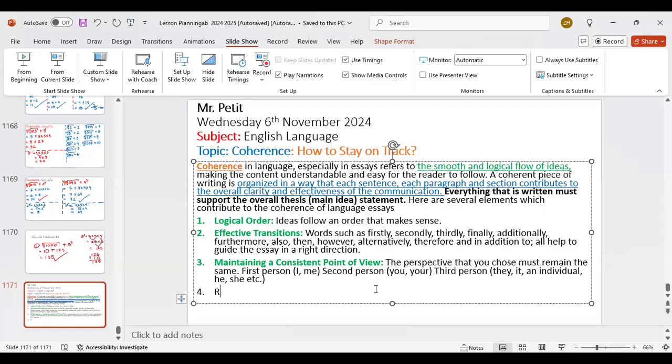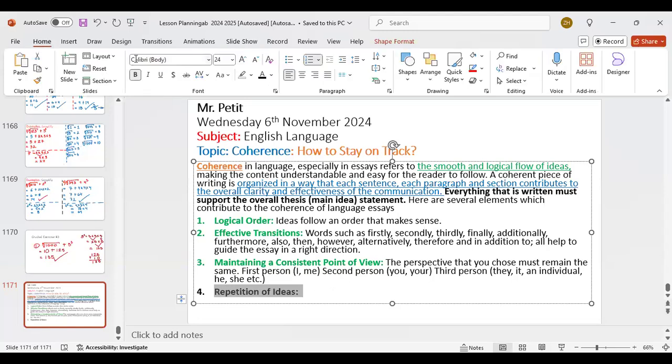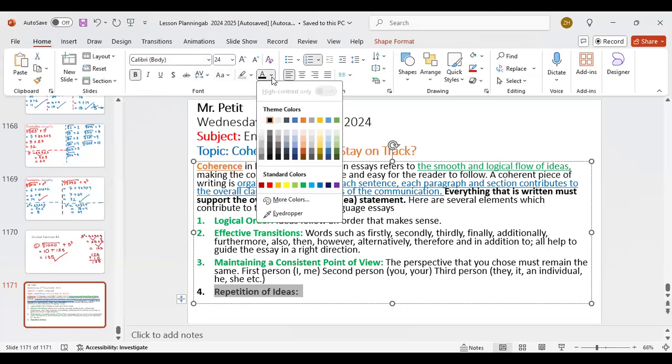And then finally, repetition of ideas. This is very important, because if you find yourself not repeating your main positions, then you're doing something wrong.